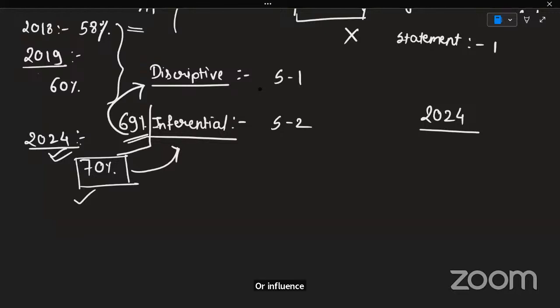It may be possible that sometimes your descriptive and inferential will match, and most of the time they will be nearby, or sometimes maybe your descriptive is 69 and inferential is 100%.